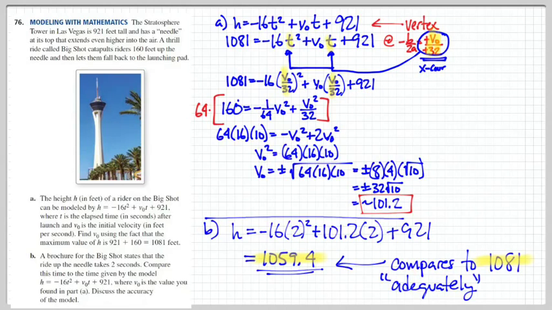So we do some simplification work here, and to deal with these fractions, I'm going to multiply by the least common denominator, which is 64. So I multiply by 64, I get down to this. I find out that v0 is equal to plus or minus 32 root 10. We can ignore the negative version, and we get 101.2 in that case.